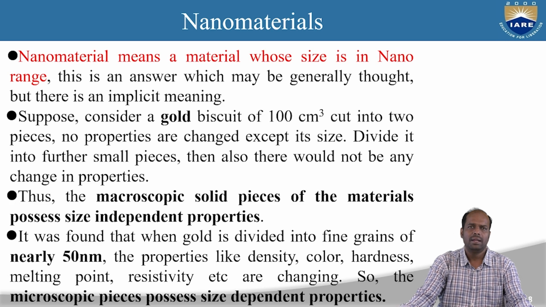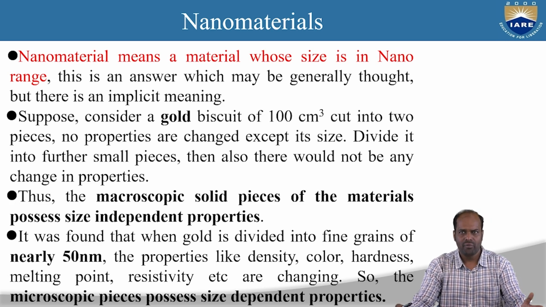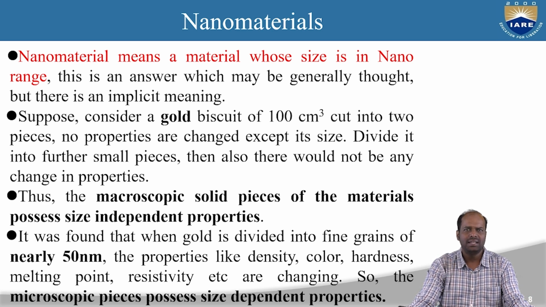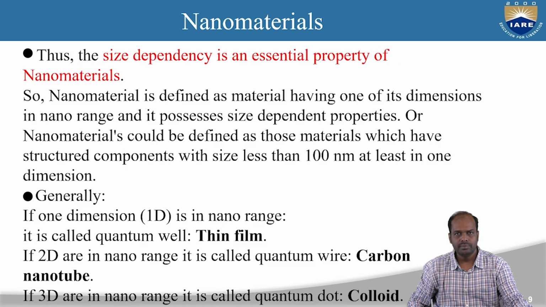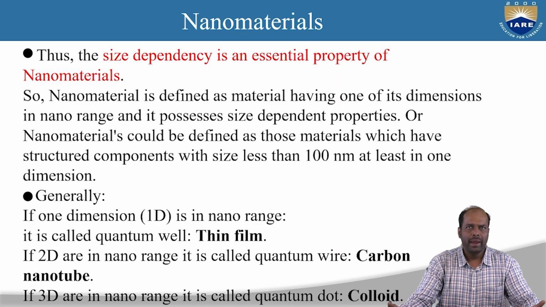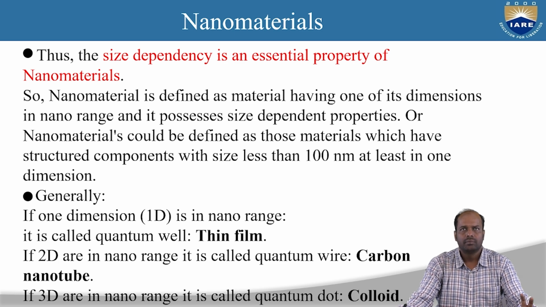It was found that when gold is divided into fine grains of nearly 50 nanometers, properties like density, color, hardness, melting point, resistivity, etc. change. So these pieces possess size dependent properties.